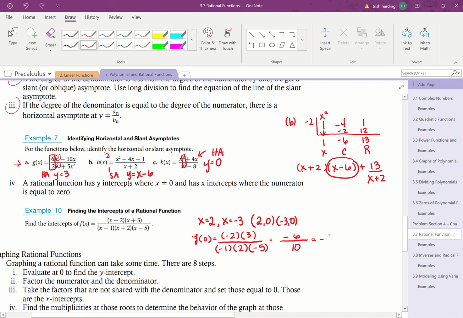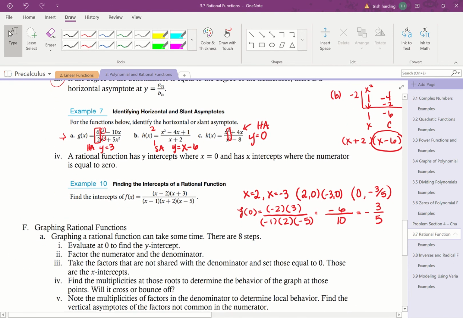So that's -3 over 5. So we will have a y-intercept at (0, -3/5). And those will be important in graphing a function.